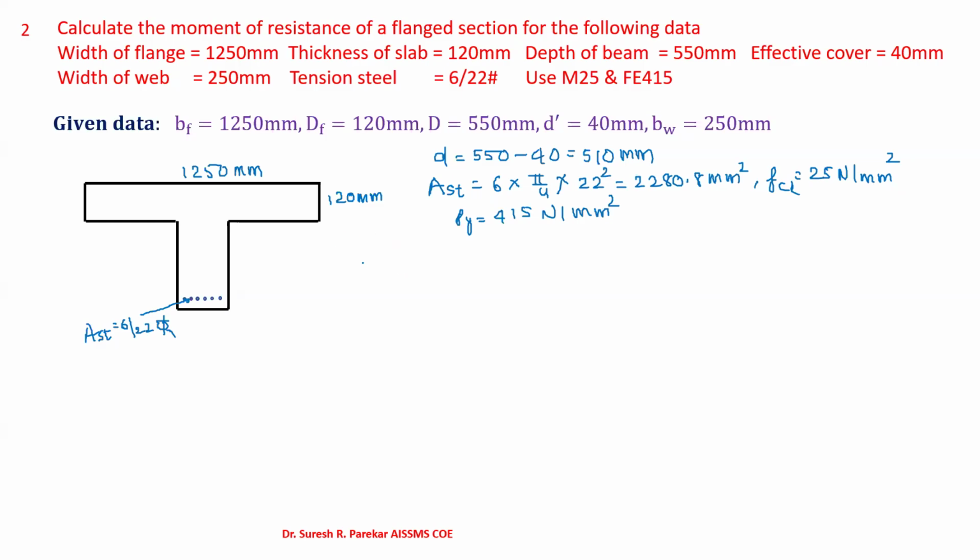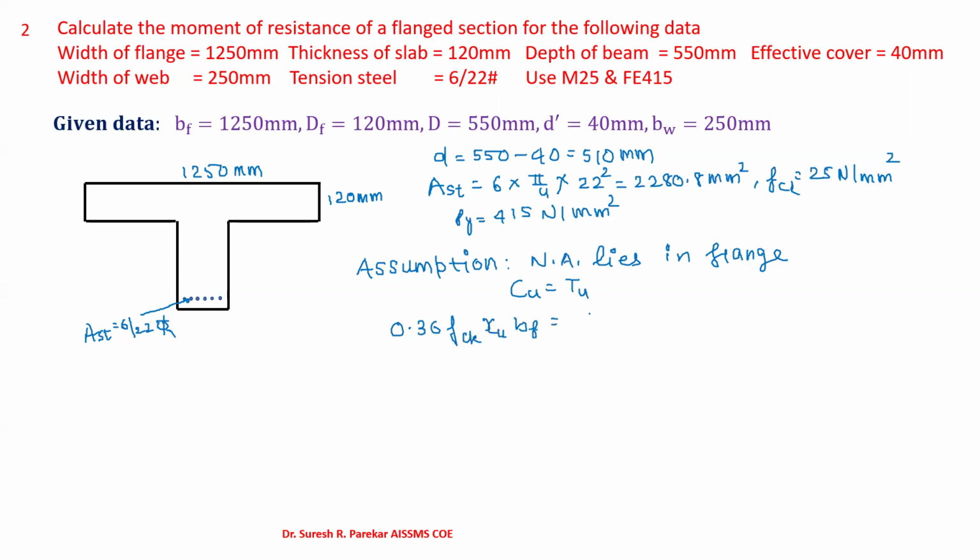Now again we have the first assumption: neutral axis lies in flange. And then we have Cu equal to Tu, so 0.36 FCK XU BF equal to 0.87 FY AST.